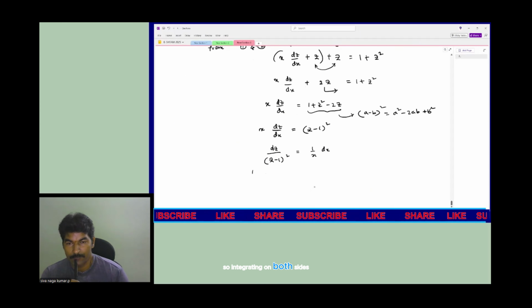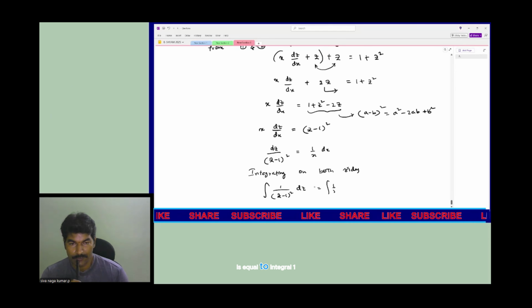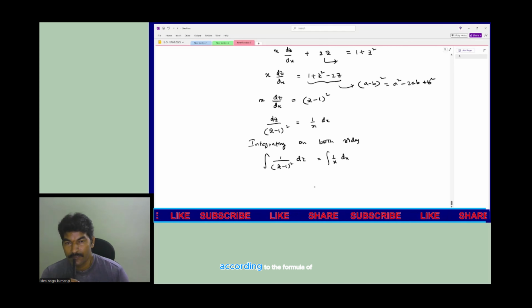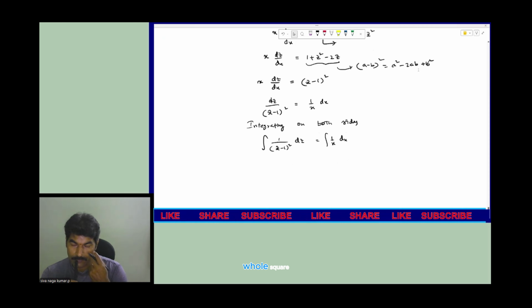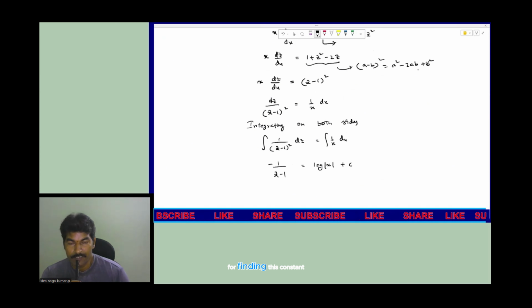So integrating on both sides, the integral of 1 by z minus 1 whole square into dz is equal to the integral of 1 by x dx. According to the formula for 1 by z minus 1 whole square, you can write minus 1 by z minus 1 equal to log mod x plus c. For finding this constant, we will use the given clues.